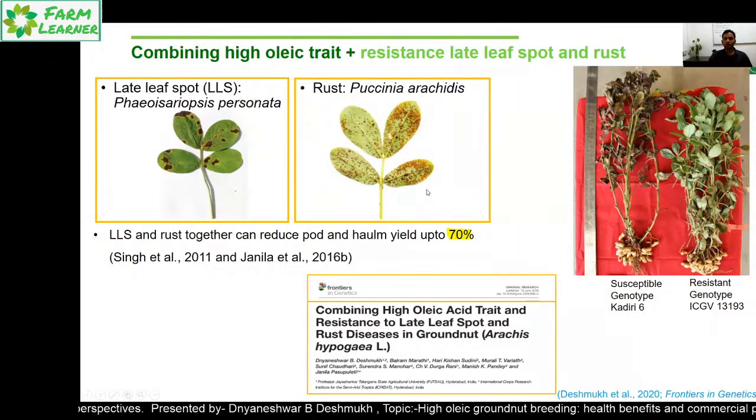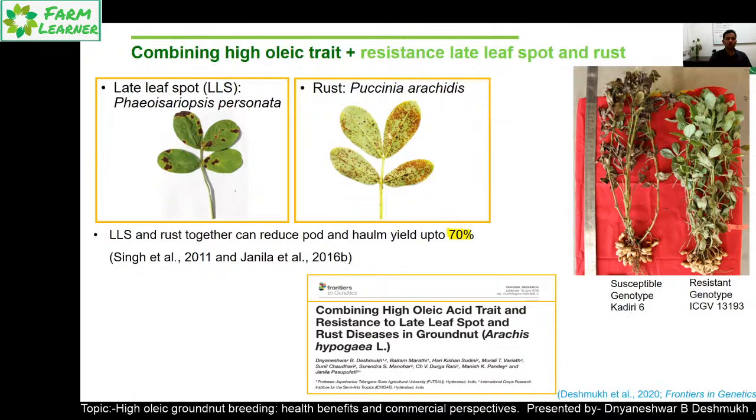It was very important to combine high oleic with resistance to late leaf spot and rust. As I explained in my earlier slide, late leaf spot and rust are diseases which occur in India, and if these two diseases come together, they reduce the pod and haulm yield by up to 70%.